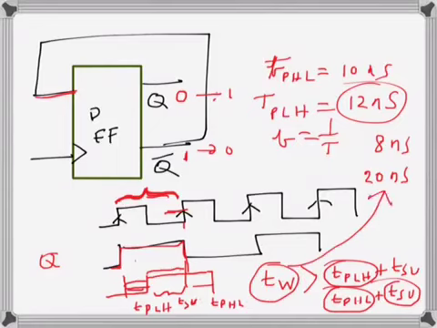So this is how the maximum clock frequency is restricted, because the inverse of this will be the frequency. This is just an example to show how the maximum clock frequency for a flip-flop is restricted by the propagation delay and the setup time.